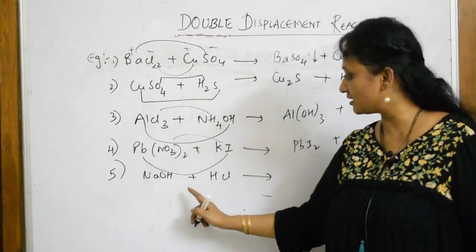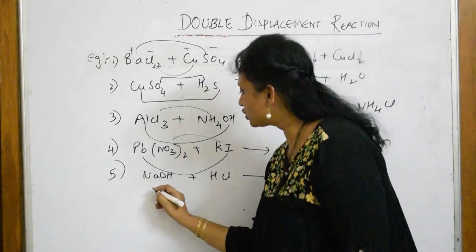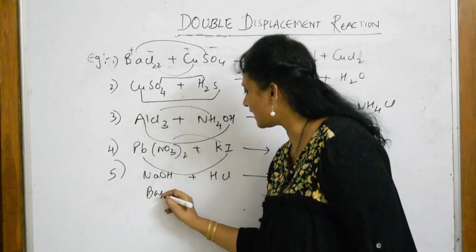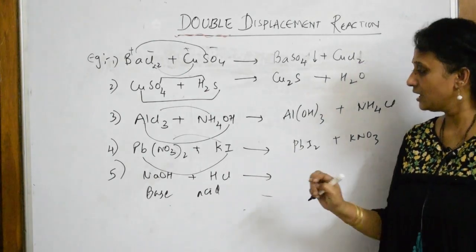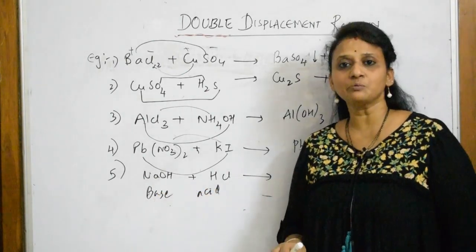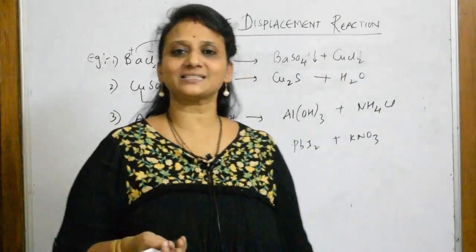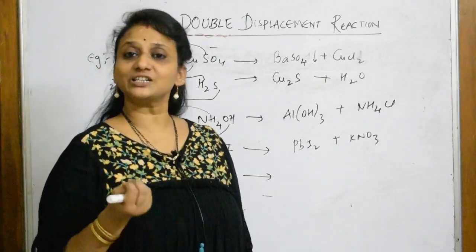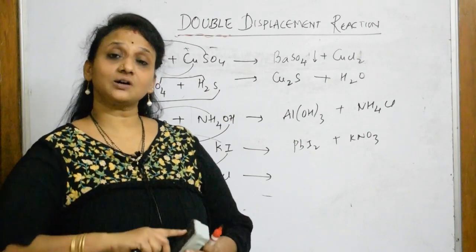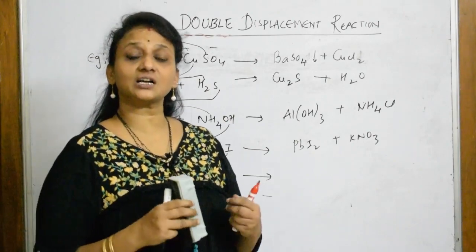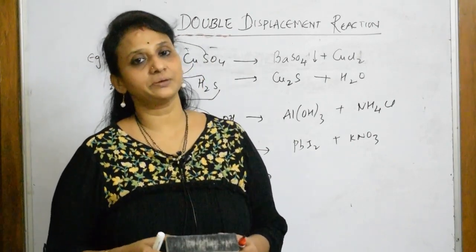Let us see the last. What are you observing here? This is nothing but the reaction of a base with an acid. Let's see here an important thing: what is the name of the reaction? Whenever a base reacts with an acid, we call it a neutralization reaction. So what question can be asked? Neutralization reactions come under which category of chemical reactions?